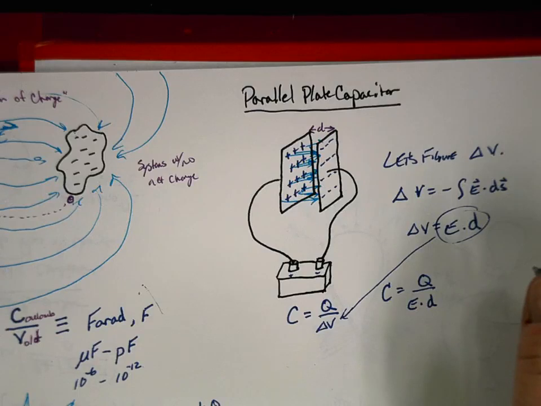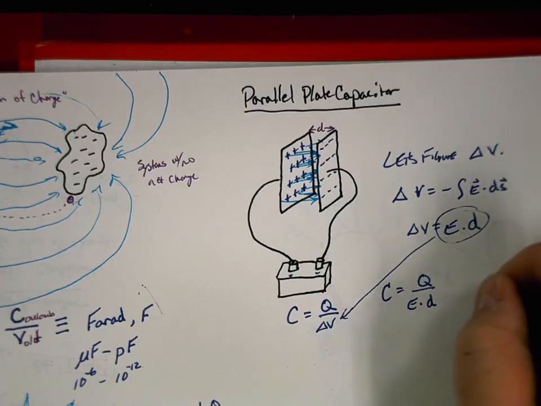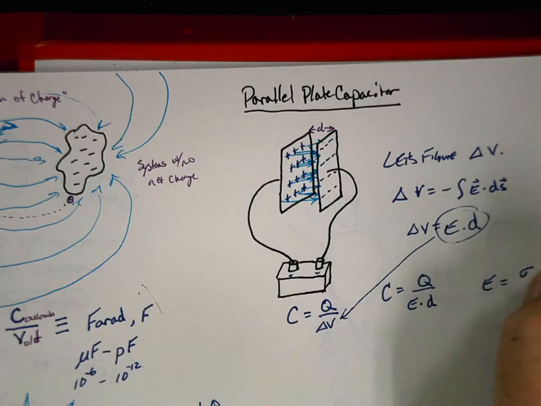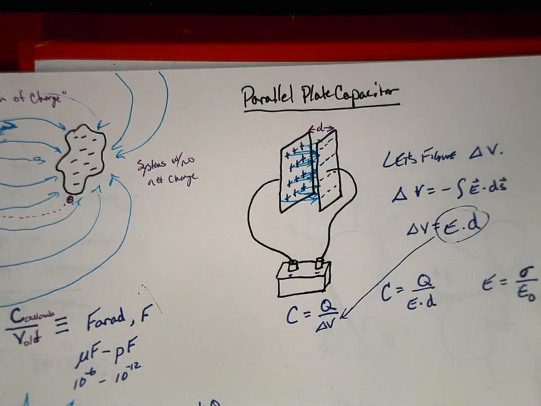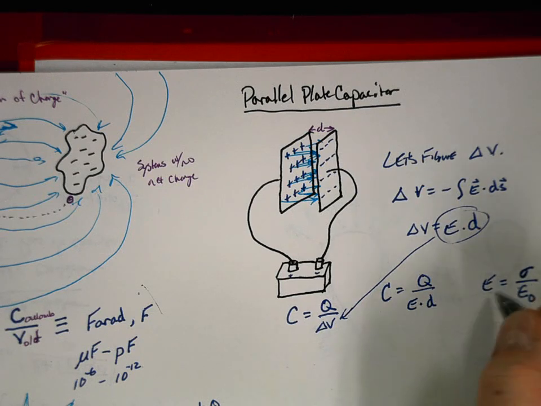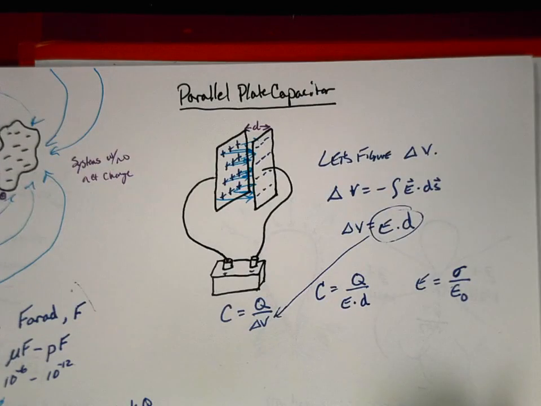If we have a planar distribution, our electric field equaled sigma, our area charge density, divided by epsilon naught. If you don't remember this, go back and do a little research. Remember that we solved for this one some time ago.